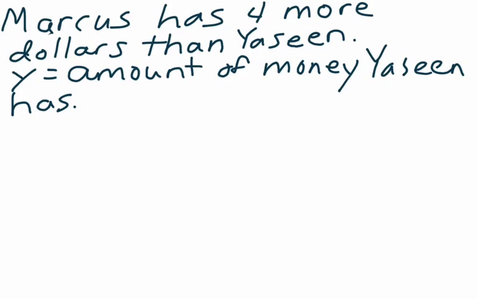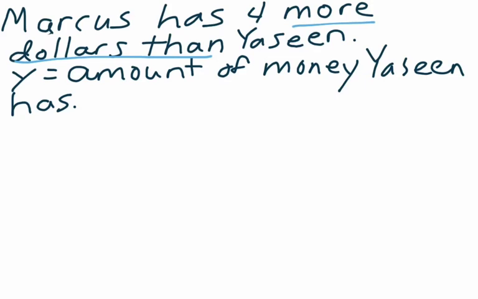Okay, so what are some of your key words that can help you identify what you're going to do? More dollars than. Okay. Write an expression using Y for the amount of money that Yasin has.